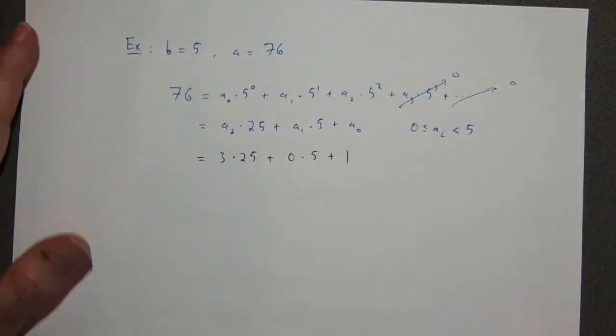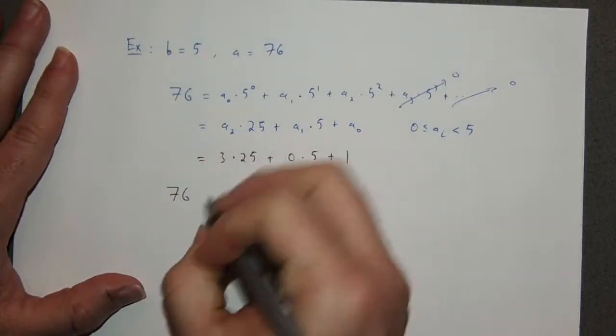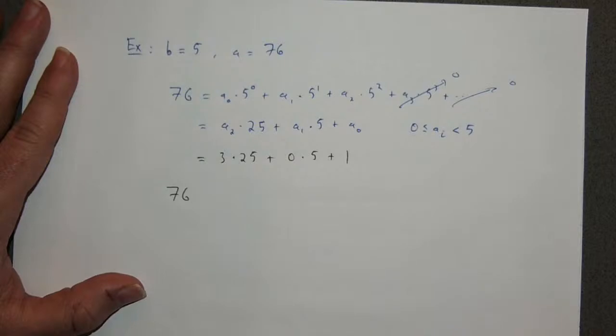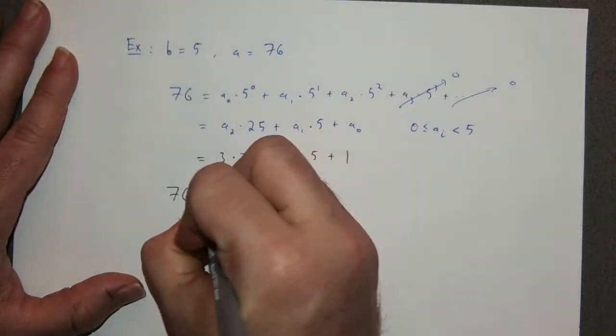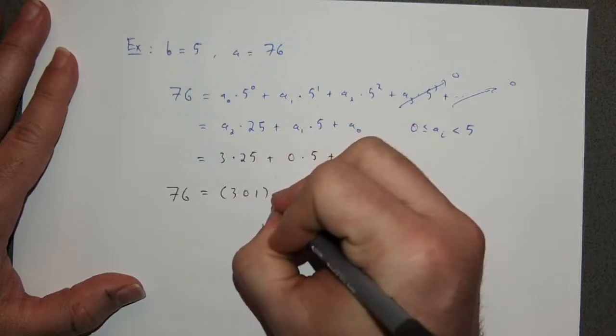And so, what is this? 76 in base 10, which I'm not going to use any notation for. If we just write a number, you can assume that it's base 10. This is 301 in base 5.